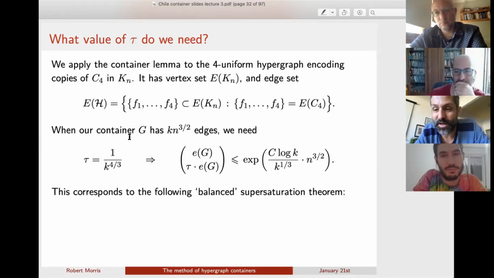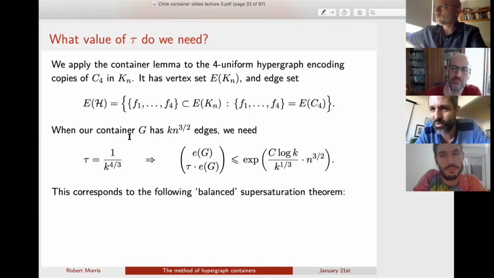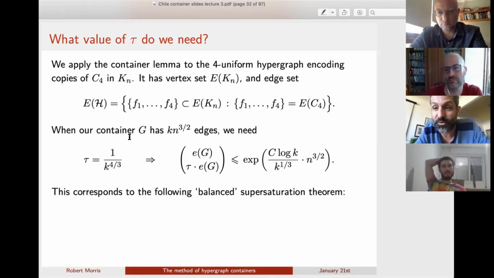But is this kind of the right tau, if you think of it like the random case? No, there are two different questions. One is what is the correct tau, meaning the best possible one, and the other is what you need to prove the application. The correct tau turns out to be 1 over k squared, and that's what I proved with David.